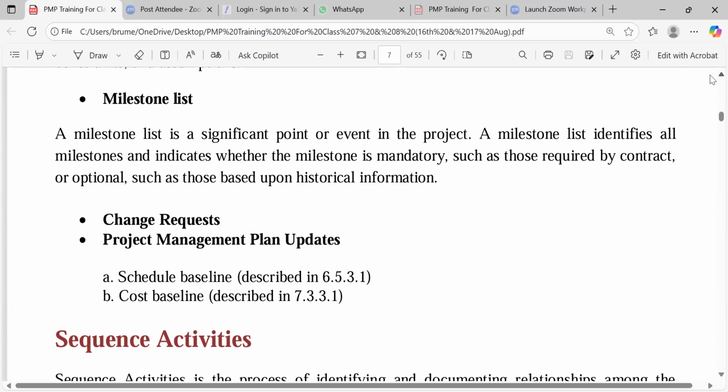And most of these milestones are contractual. When they are contractual, it means they are being stipulated in the contract. But some of them are optional. We, as project managers, may just come up with some milestones that we will use in guiding our team. They don't have specific time.